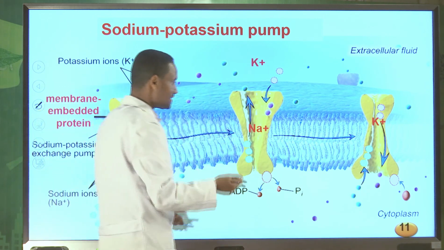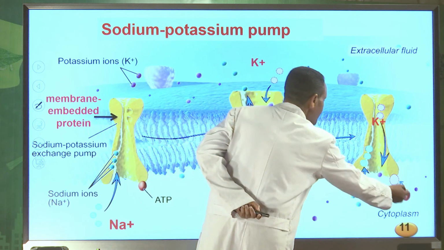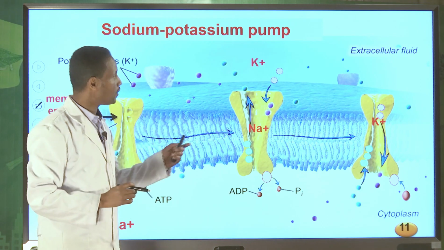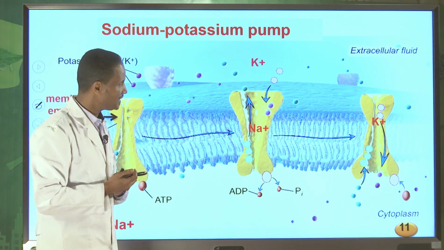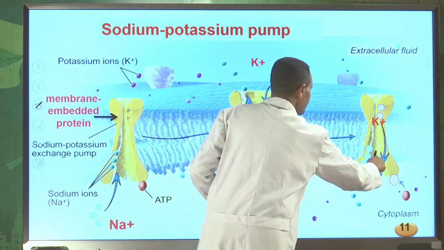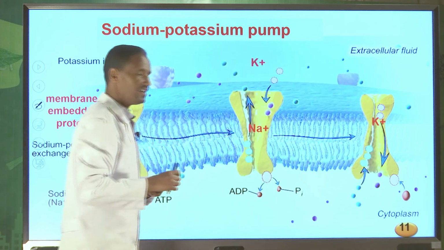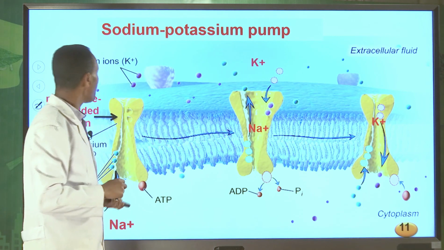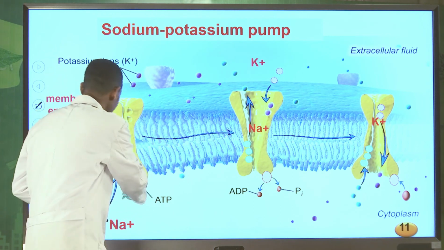Then at the third stage, when ATP reattaches to the inside part of the membrane embedded protein, it becomes open from the inside direction. Then from the outside direction, it closes.